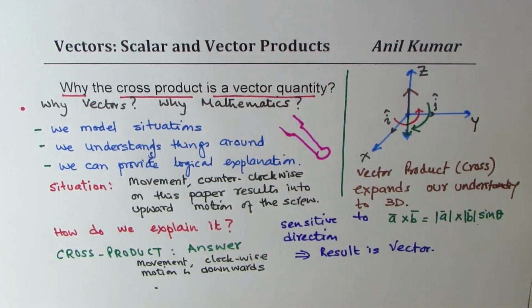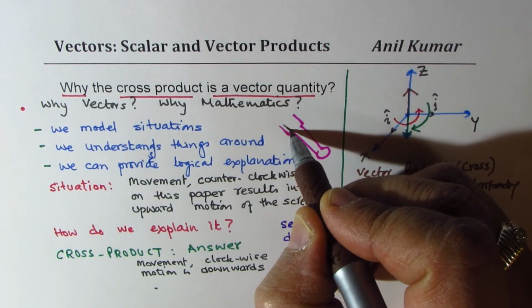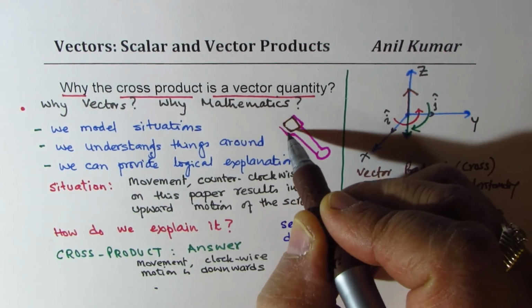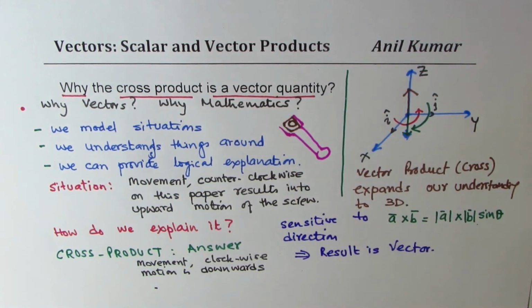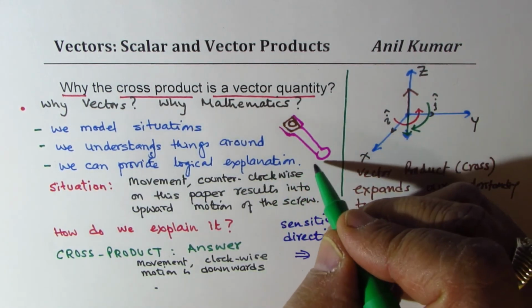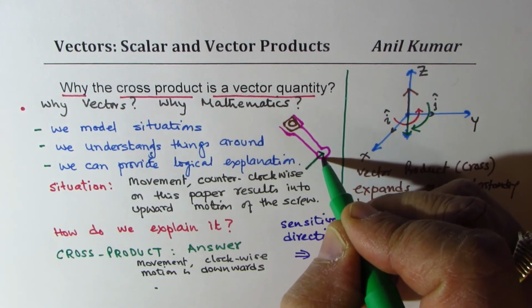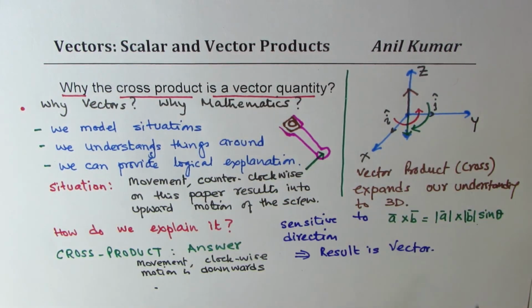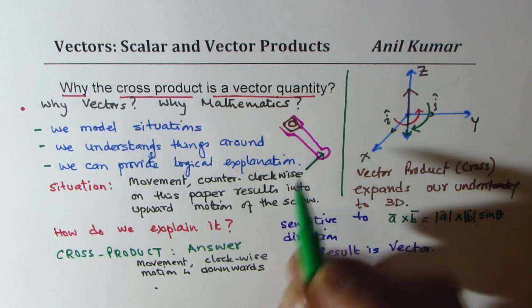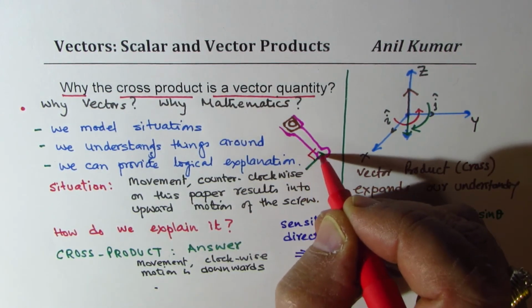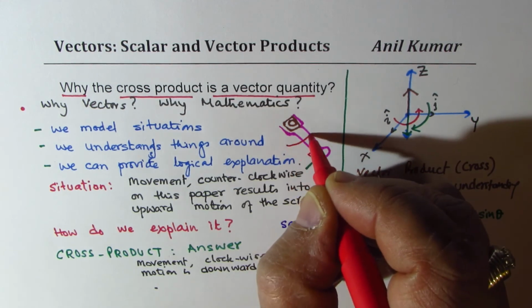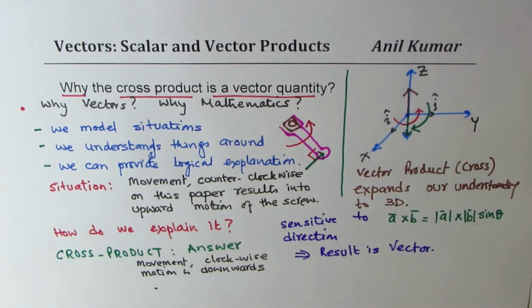And we want to use this particular object as a screw. In that case, if you apply the force at right angles, it will be most affected. So sine theta for 90 degrees is 1. Do you see that? Full component of the force is applied in the movement. Correct?